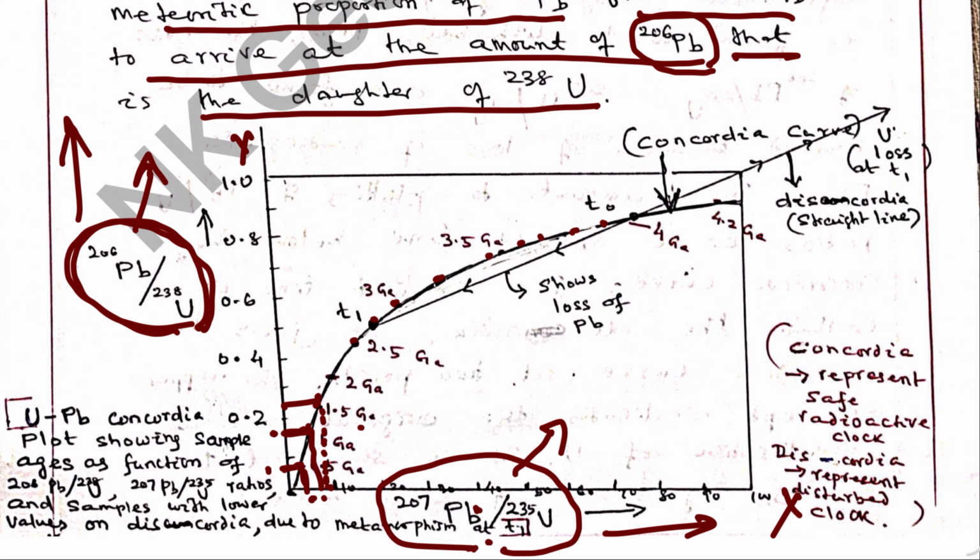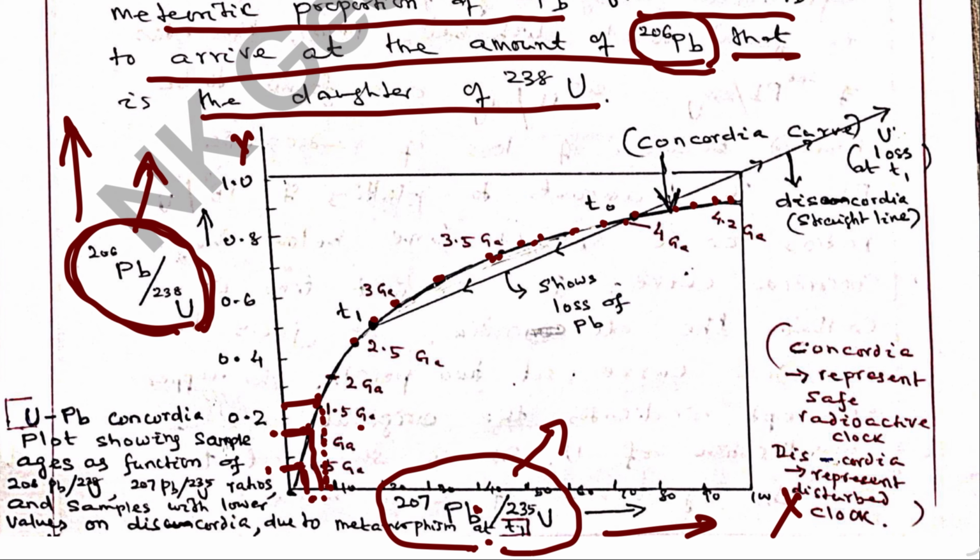And this is a curved line because the rate of decay of uranium-235 yielding Pb207 is not the same as that of uranium-238 yielding Pb206. As uranium-238 decays at a slower rate compared to uranium-235, it is a curved line.